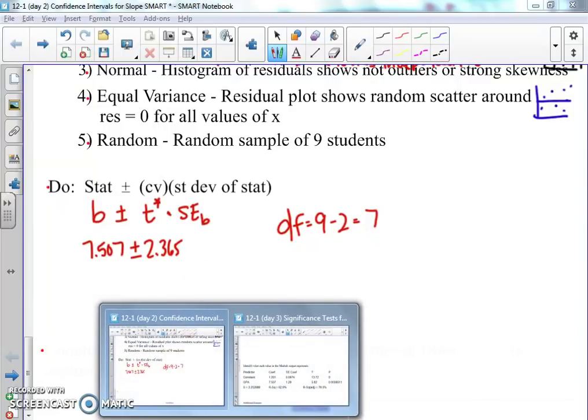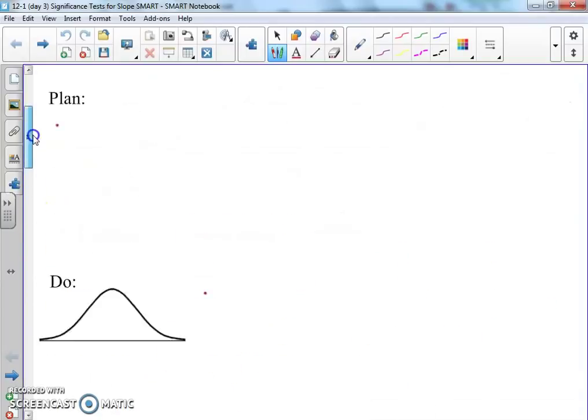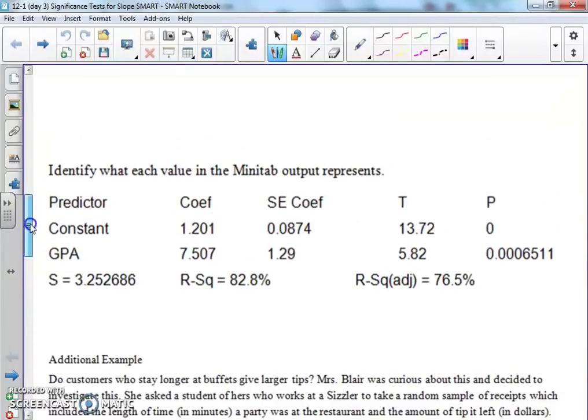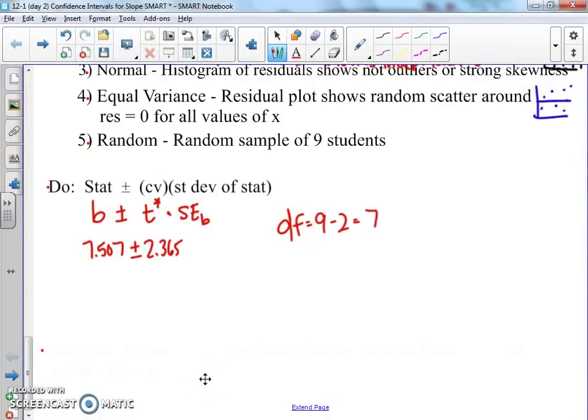So this is at the top of tomorrow's notes, but this is the Minitab output. So they have the slope listed, and then here's the standard error, 1.29. So that's actually what we're going to be using. So the standard error is 1.29, and now all we have to do is multiply it out.